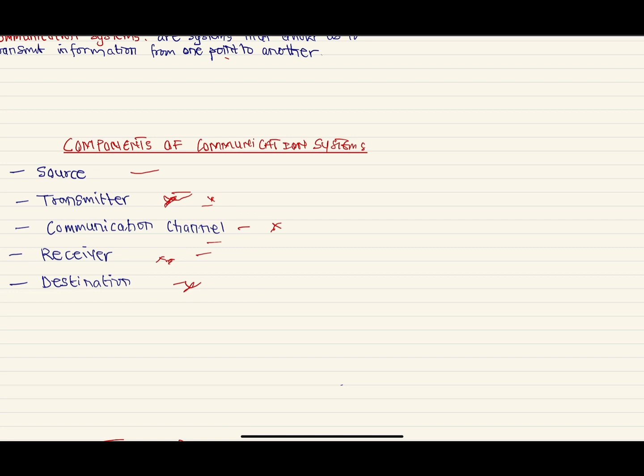So in a communication system, we will say that the destination is the device that receives the information. For example, a speaker is the destination for audio signal, and a television monitor is also a destination for video signal. That's what we need to take note of.